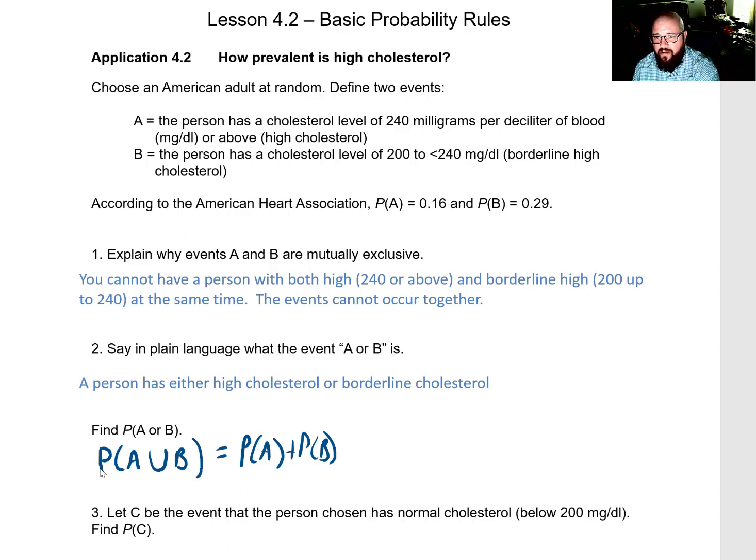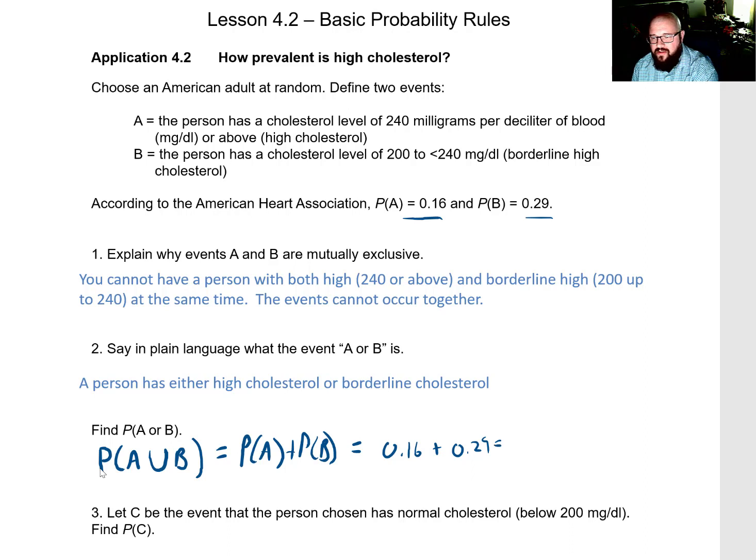So we're simply taking the probability of A plus the probability of B. And they told us what those probabilities were. It says up here the probability of A is 0.16, and they told us the probability of B was 0.29, so 0.29.